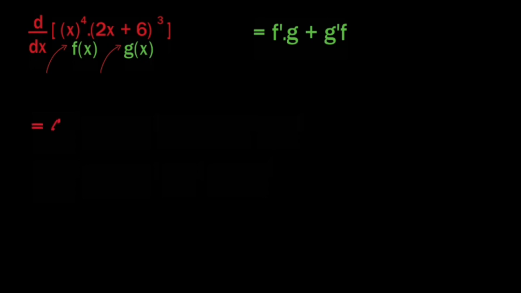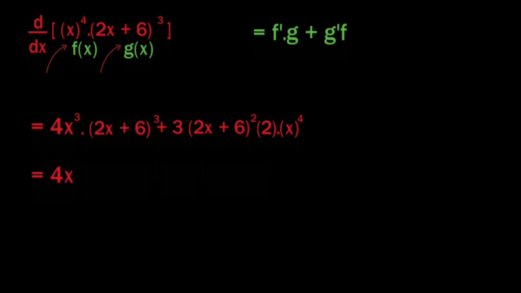So derivative of function f, you get 4x cubed, and you multiply g, which is 2x plus 6 to the power of 3, plus you differentiate function g using chain rule, you will get 2x plus 6 to the power of 2 multiplied with 2, times function f, which is x to the power of 4. So you will get the answer 4x cubed times 2x plus 6 to the power of 3 plus 6x to the power of 4 multiplied with 2x plus 6 to the power of 2.